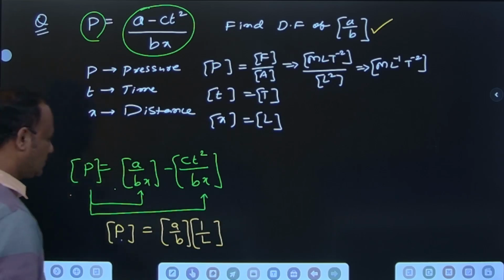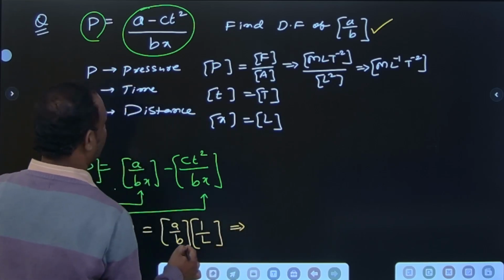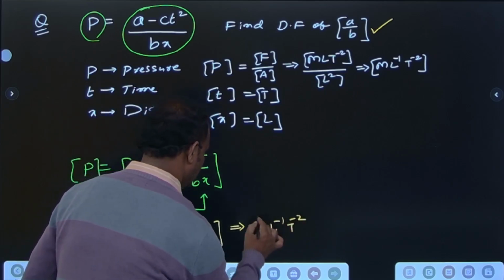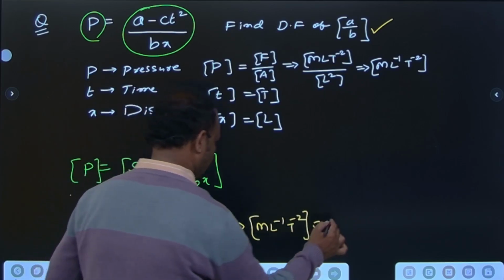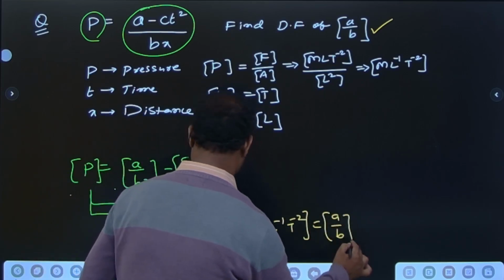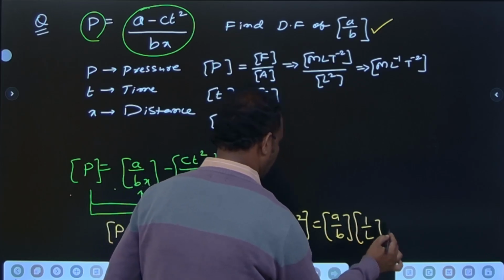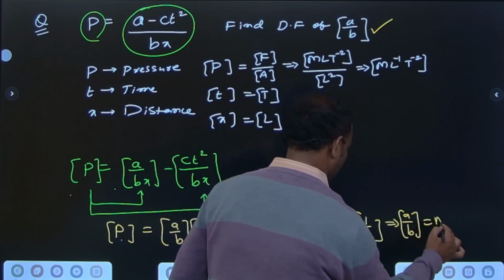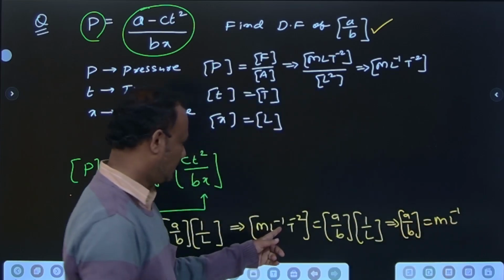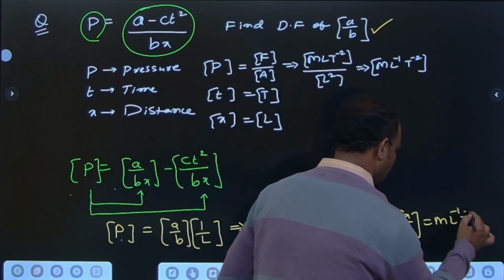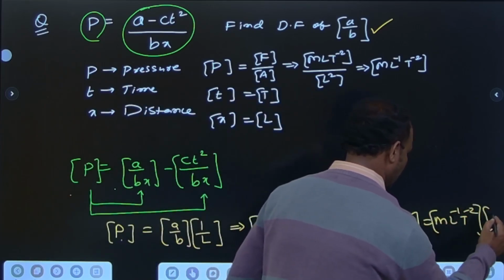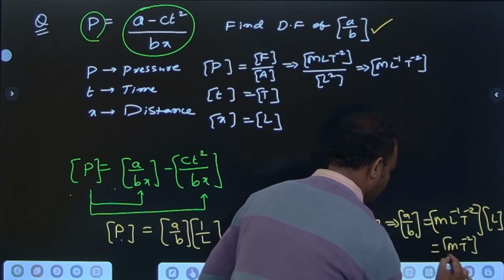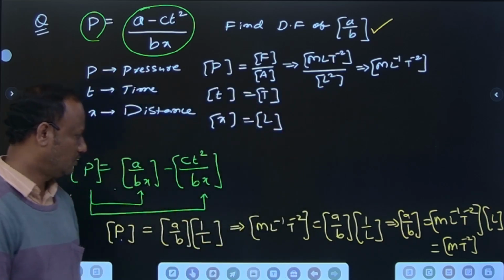So the dimensional formula of P is M L minus 1 T minus 2, equal to A by B dimension formula into 1 by L. So A by B dimensional formula is equal to M L minus 1 T minus 2 into L. So it would become M T to the power of minus 2, that is M L0 T to the power of minus 2.